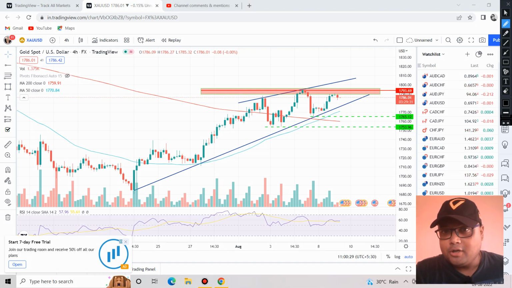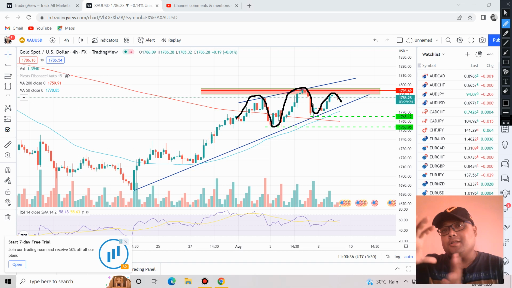Market is unable to cross the resistance, but whenever market is coming down, it is not crossing the previous lows as well. So yes, it also resembles an ascending triangle pattern.